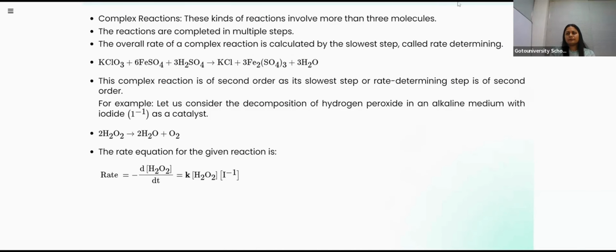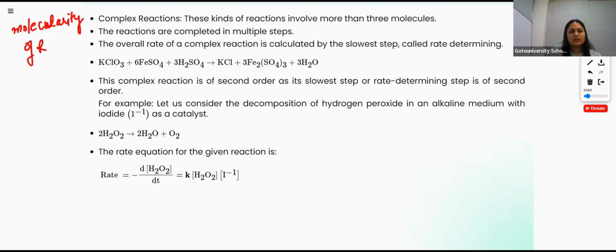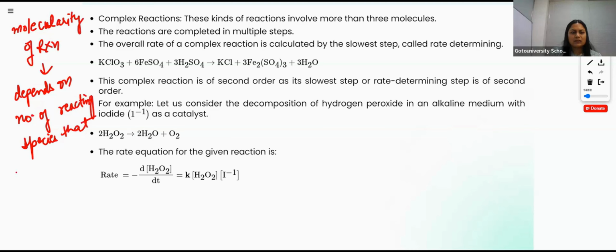Molecularity of reaction. Okay. It depends on the number of reacting species that take part in the chemical reaction. All right.